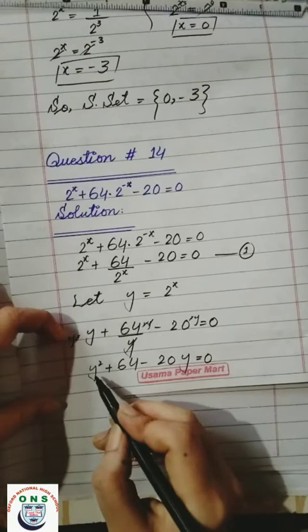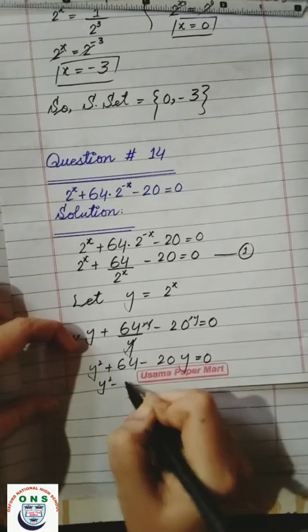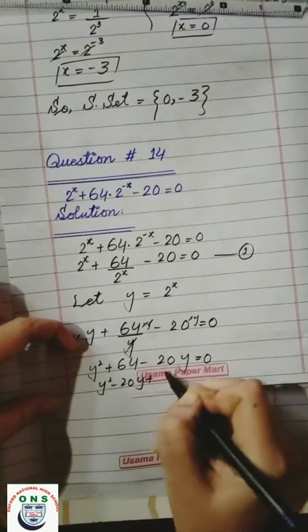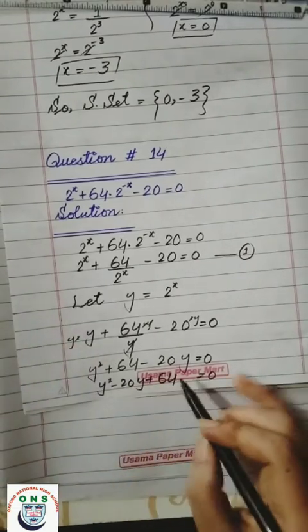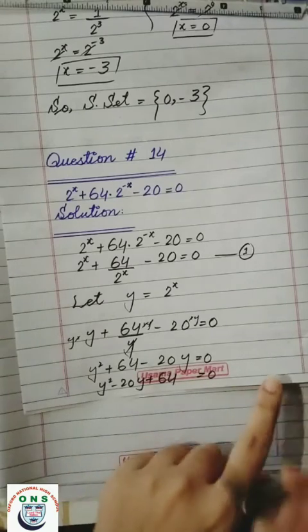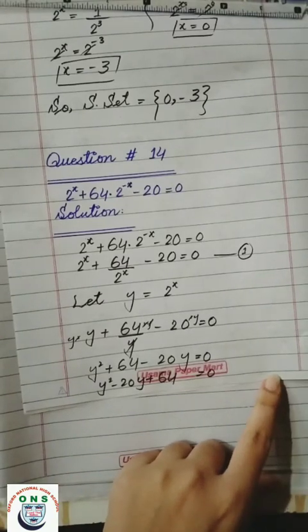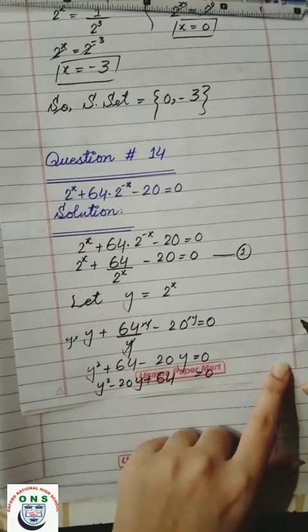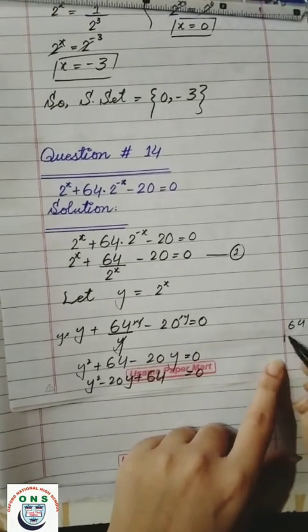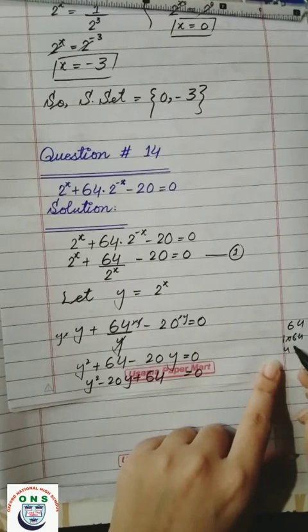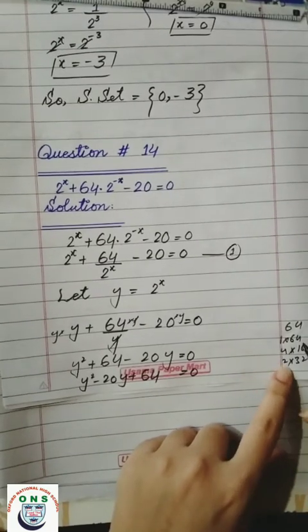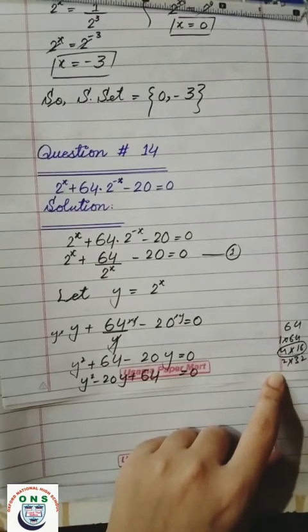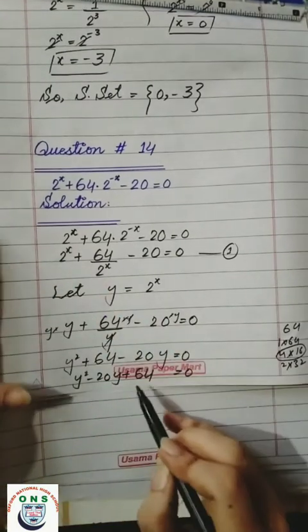Now students, you can arrange it as y square minus 20y plus 64 is equal to 0, and you can factorize it. The pairs of 64 are 1 into 64, 4 into 16, 2 into 32. So you can use the 4 into 16 pair to solve it.